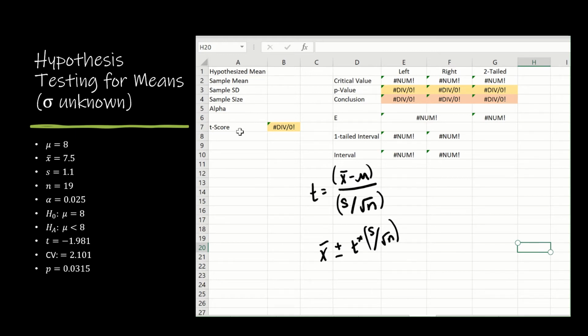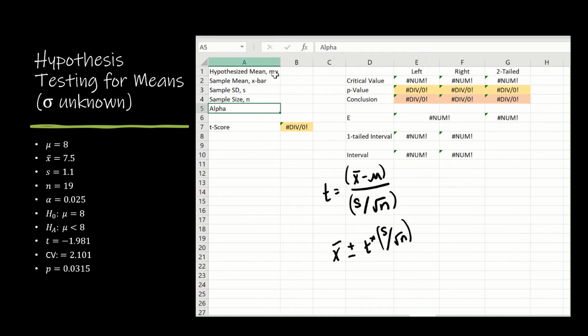So let's start with the t-score. The t-score is x bar minus mu. So this is the hypothesized mean, which is mu, the sample mean, which is x bar, the sample standard deviation, which is s, the sample size, which is n, and then of course alpha.